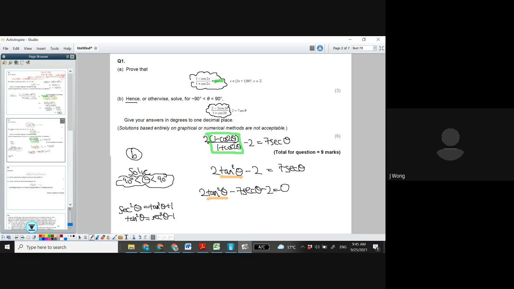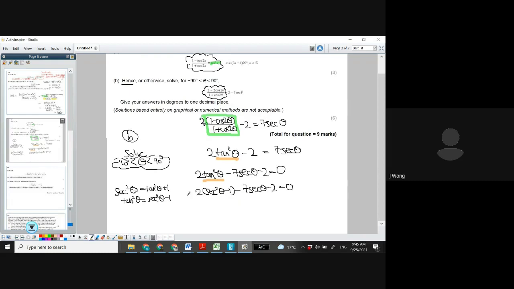And you throw it into the equation now. So you have 2 brackets sec squared theta minus 1, minus 7 sec theta, minus 2 equals 0. Then you open up the brackets: 2 sec squared theta minus 2 minus 7 sec theta minus 2, and you have 2 sec squared theta minus 7 sec theta minus 4.